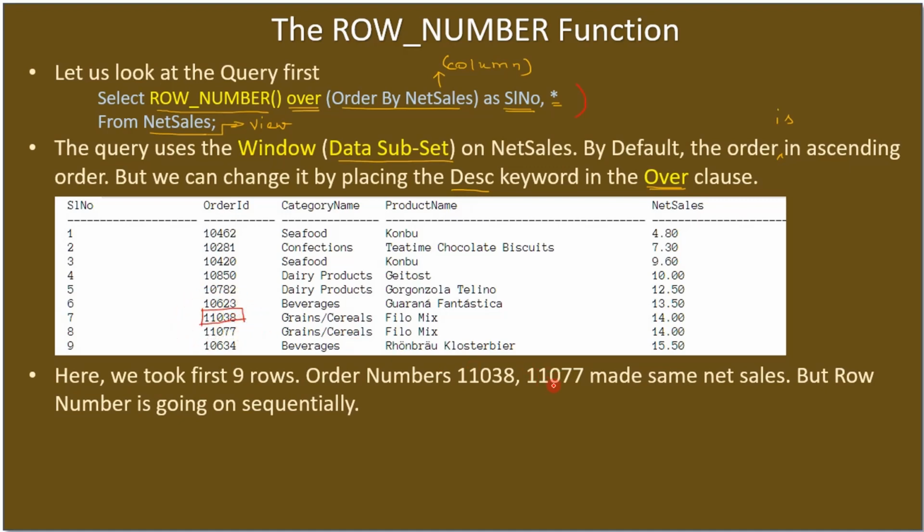Then order number 11077 is the second order number. They have the same net sales, 14 and 14, in our windowing clause ROW_NUMBER OVER ORDER BY net sales. The net sales is the same for both these order numbers, 11038 and 11077.